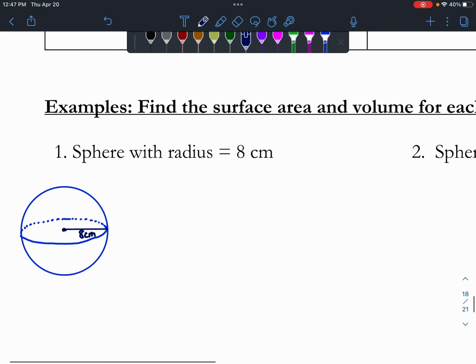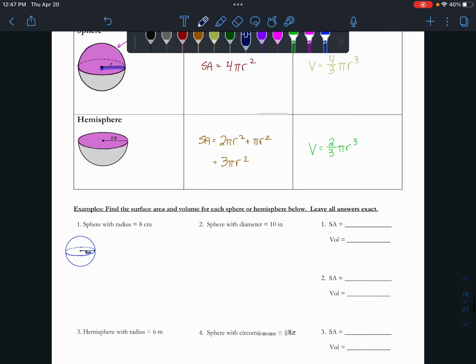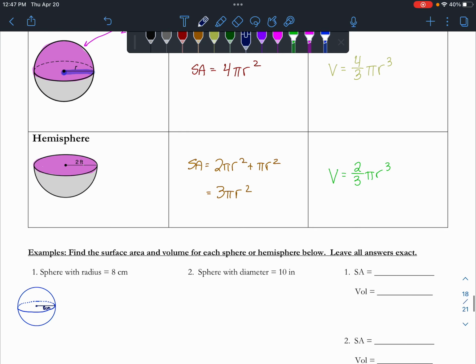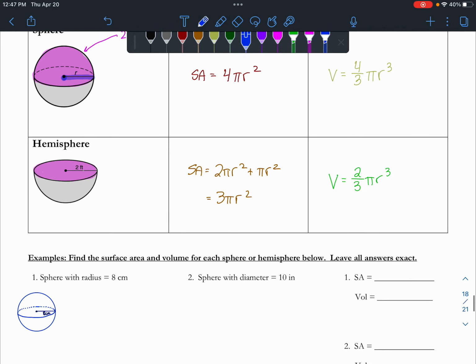We can now plug and chug into some of the formulas that we have up top here. I'll try to keep those in view for us so we can glance at them. But jumping into this problem now, if I wanted to find the surface area and volume, we could start with the surface area of a full sphere being 4 pi r squared. We plug in the number that we have for our radius, which is 8 squared.